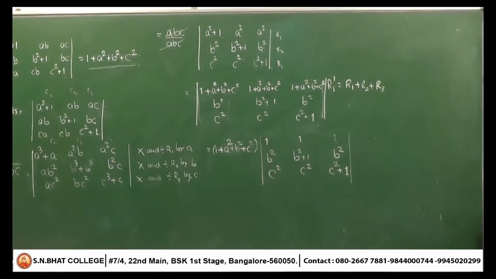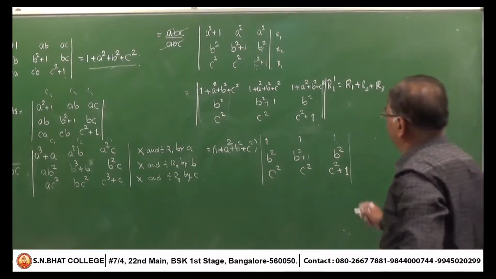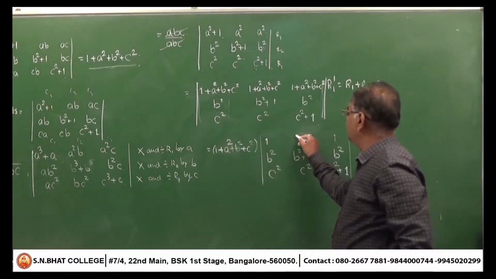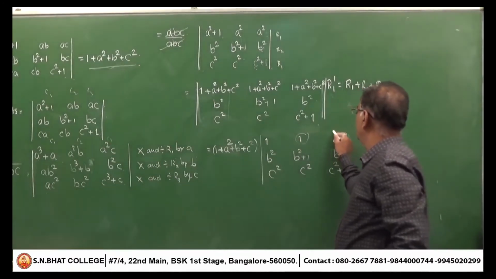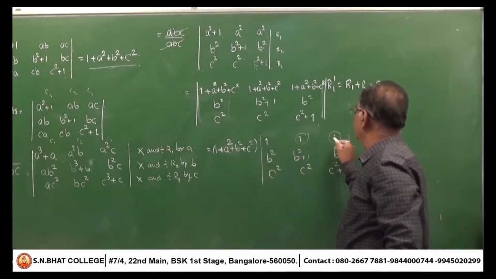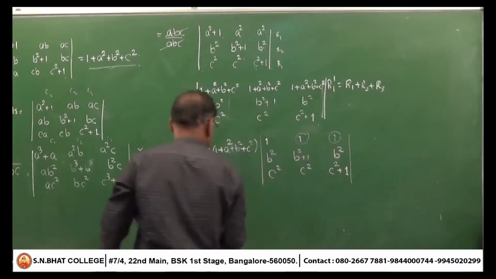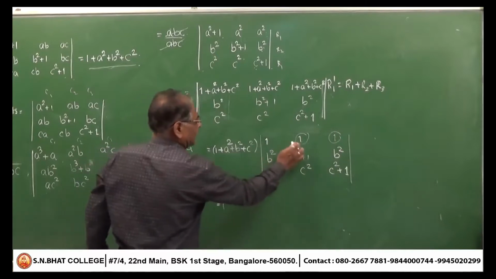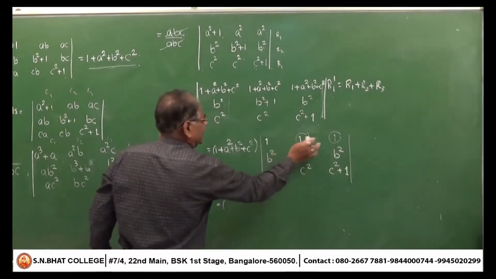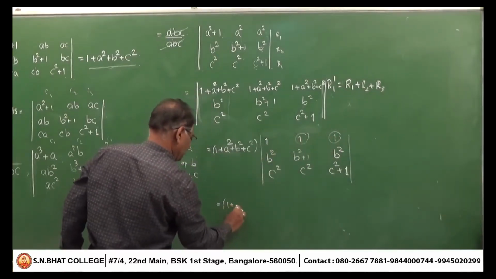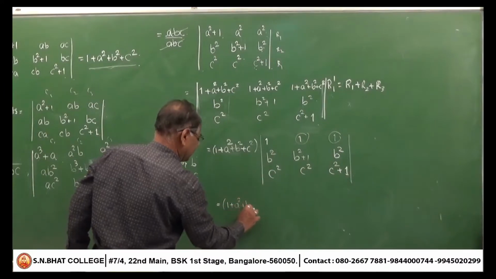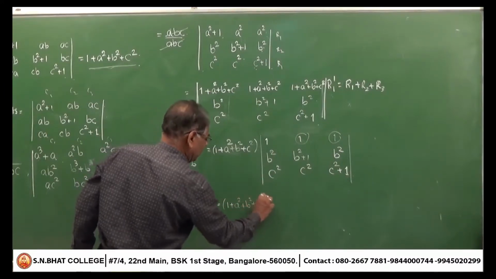In the next case, in any row or any column, all the elements are 1, 1, 1. You have to make any 2 of the 1s to be 0. You have to make these 2 to be 0 using columns. C2 dash is, I have to make these 2 elements to be 0, C2 and C3. 1 plus A square plus B square plus C square common factor.